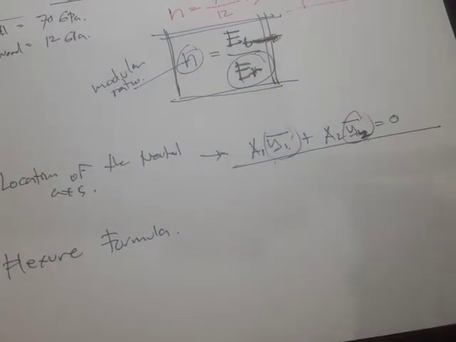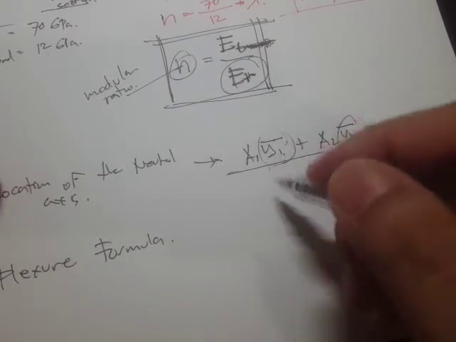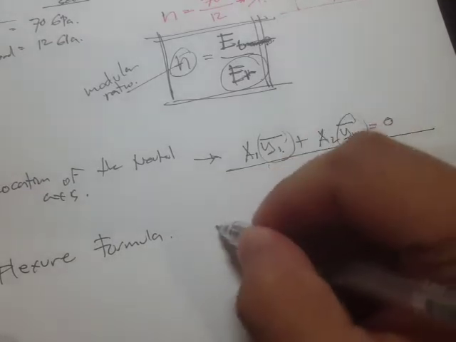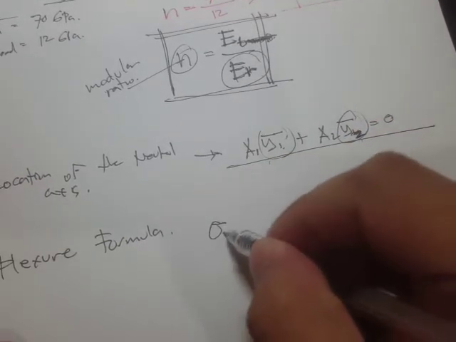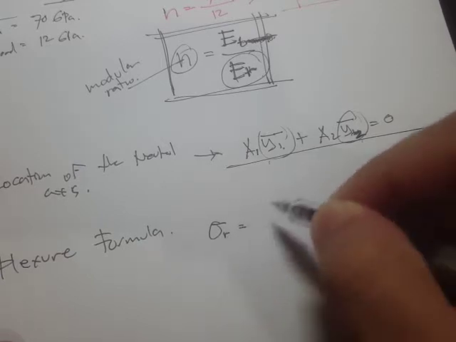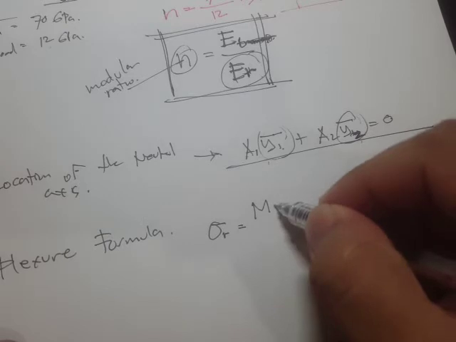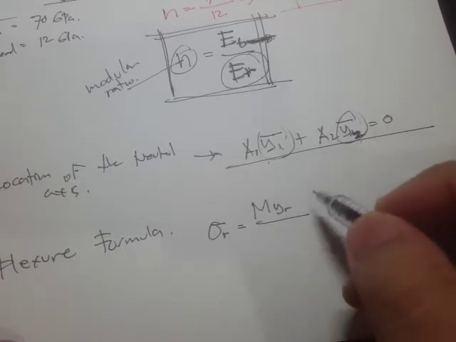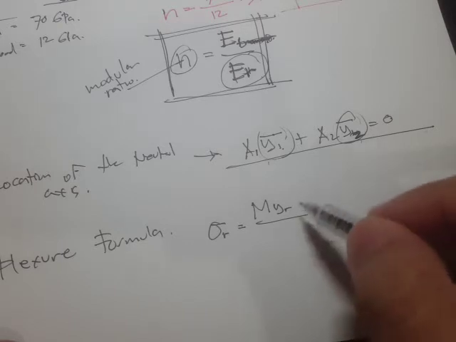Then, as I've said earlier, we can analyze this using the procedure or analysis done before. That is just simply sigma sub r, the reference material, that's just Mc over I, or let's just use y for now, because c usually corresponds to the outermost fiber from the neutral axis.